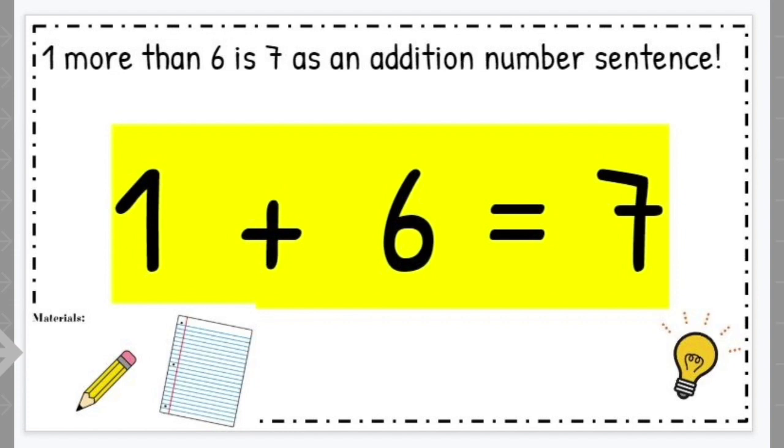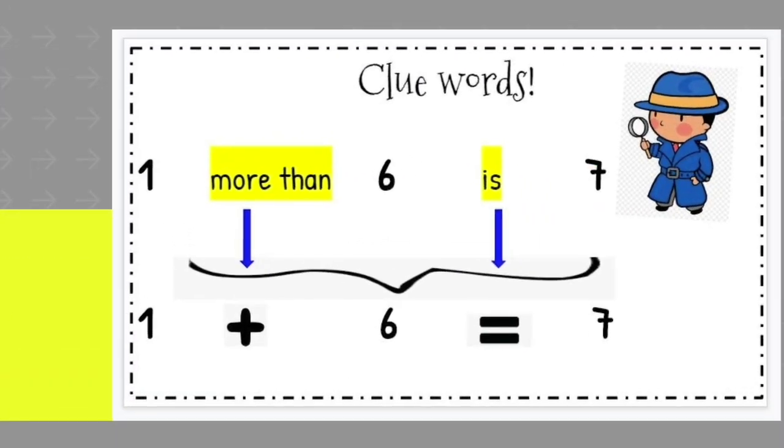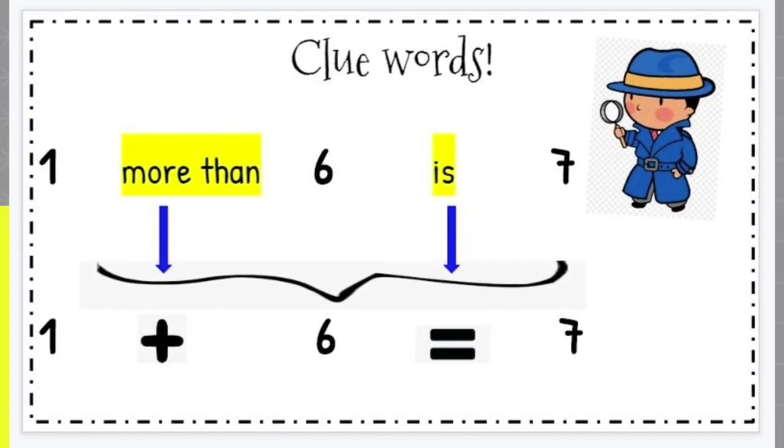Oh, I see something. Do you see something? Do you notice anything about our number sentence and the words 1 more than 6 is 7? I see some clue words. So guys, let's look. We've been working really hard to be number detectives.